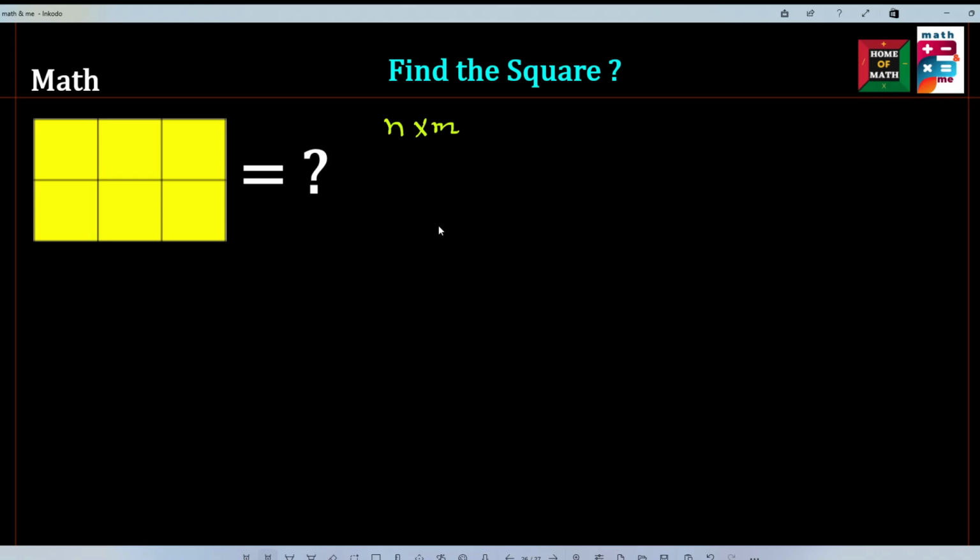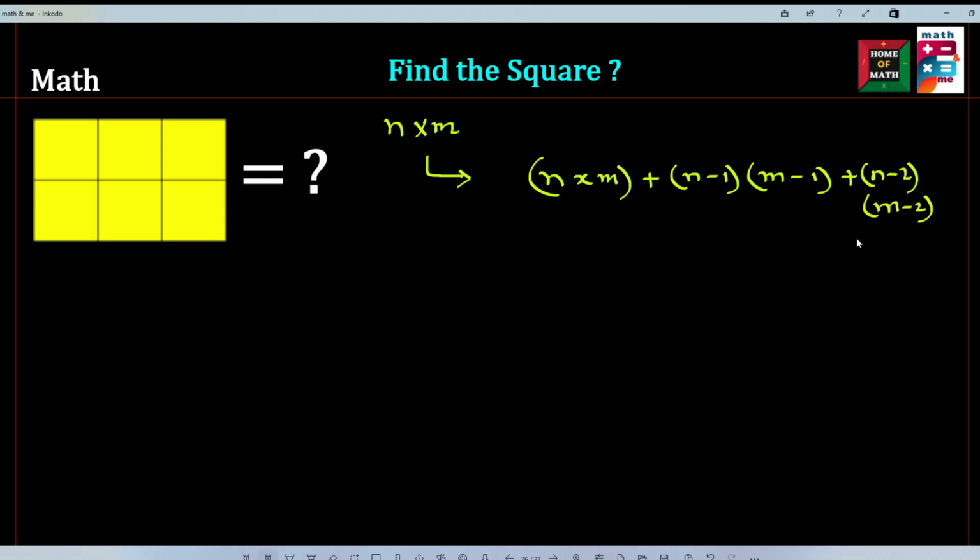It's n into m, plus (n minus 1) into (m minus 1), plus (n minus 2) into (m minus 2), plus (n minus 3) into (m minus 3). We can do it until one part becomes 0.